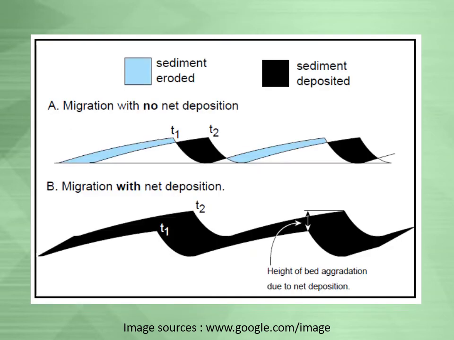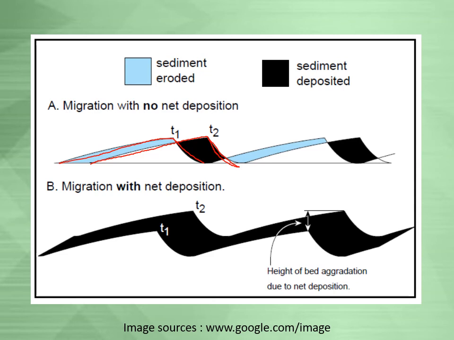You can clearly see that a ripple which is oriented like that at time t1, with changing time, erosion occurs on the stoss side, and at time t2 the stoss side becomes this, deposition occurs on the leeward side, indicated by the black colored portion, and now at t2 the leeward side is like that.